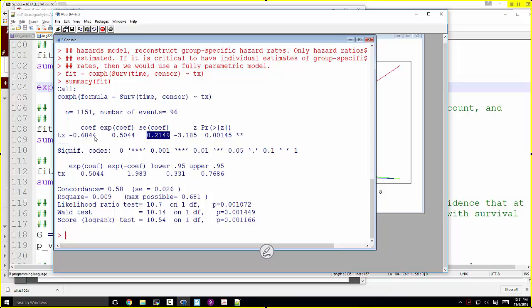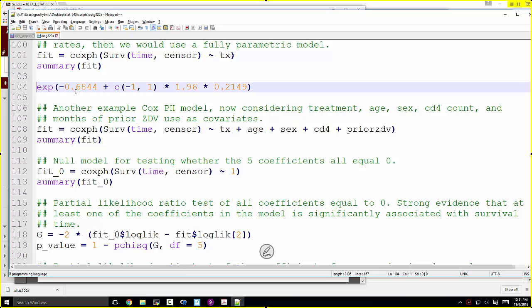You could do a confidence interval on beta, and then just exponentiate the endpoints of it to get a confidence interval for the hazard ratio. So that's what I'm doing right here. I'm taking beta hat plus or minus 1.96 from the standard normal times the standard error of beta, and then exponentiating the thing.